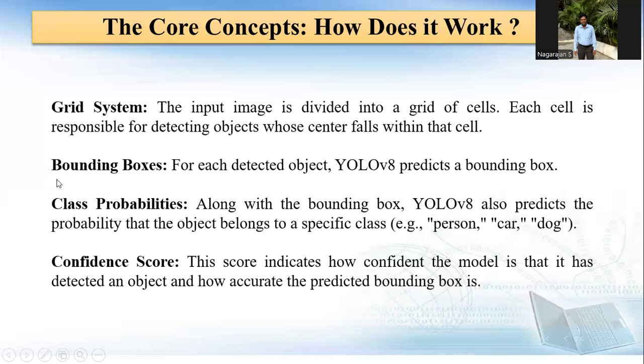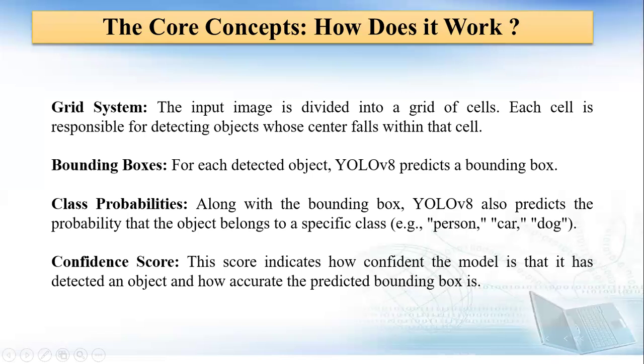The confidence score says how confident the model is that it can detect an object, and it helps make the predicted bounding boxes accurate. Moreover, the core concept of YOLO V8 is accuracy and learning speed.